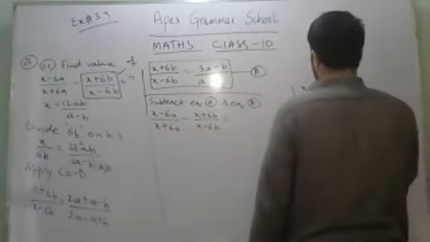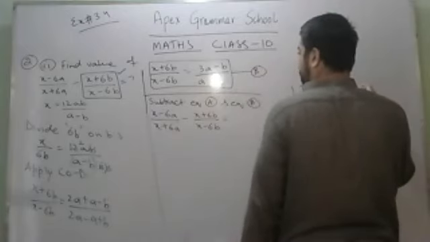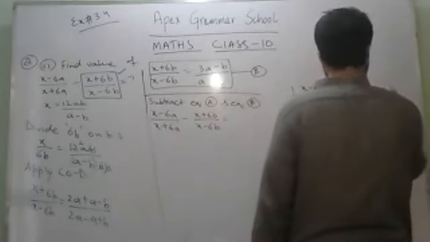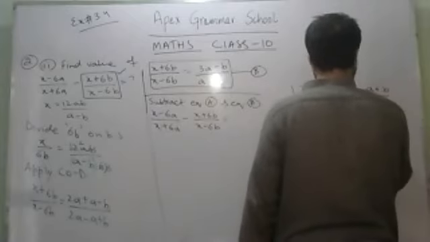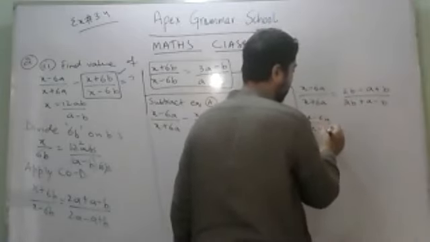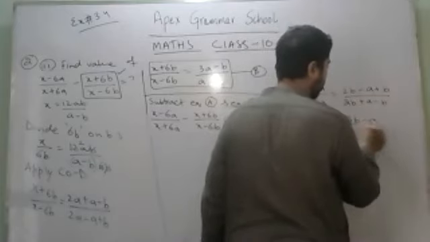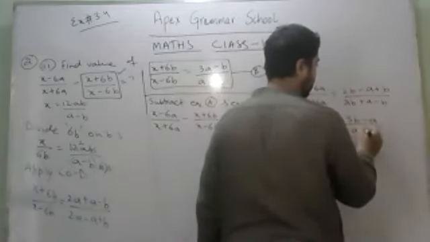So (x minus 6a) over (x plus 6a) value was 3b minus a divided by a plus b.